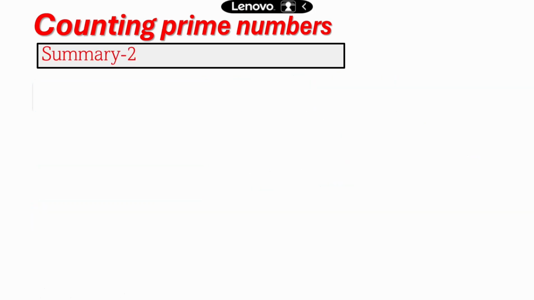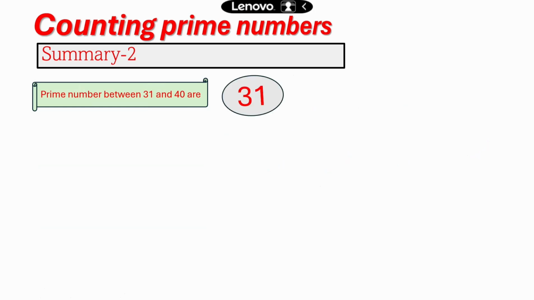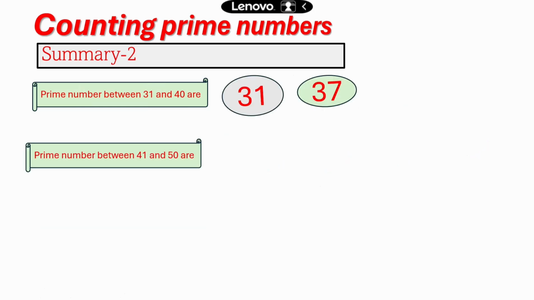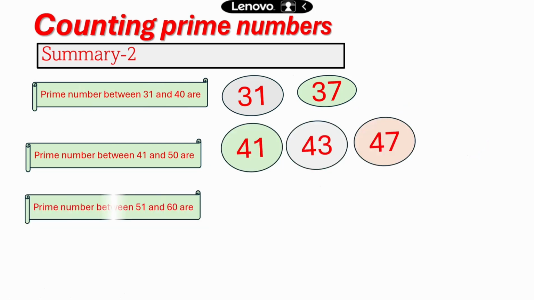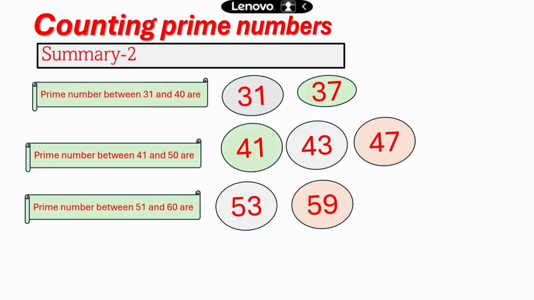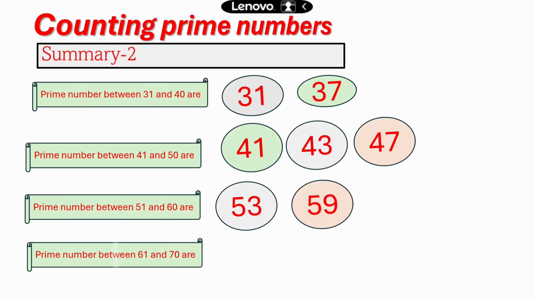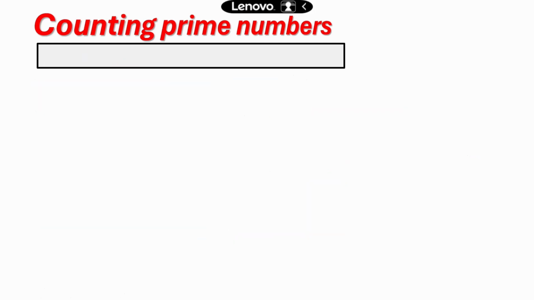The prime numbers between 31 and 40 are 31 and 37. Between 41 and 50 are 41, 43 and 47. Between 51 and 60, we have 53 and 59. Between 61 and 70, we have 61, 67.